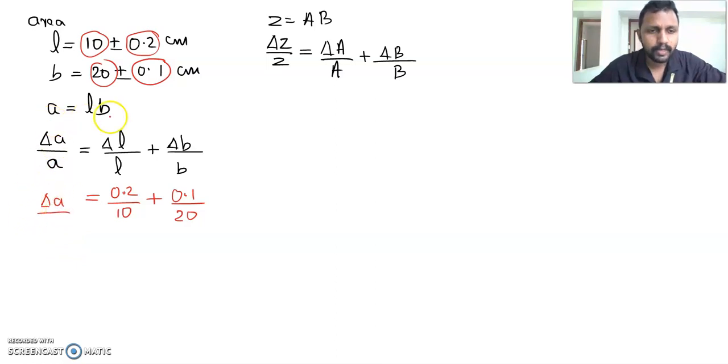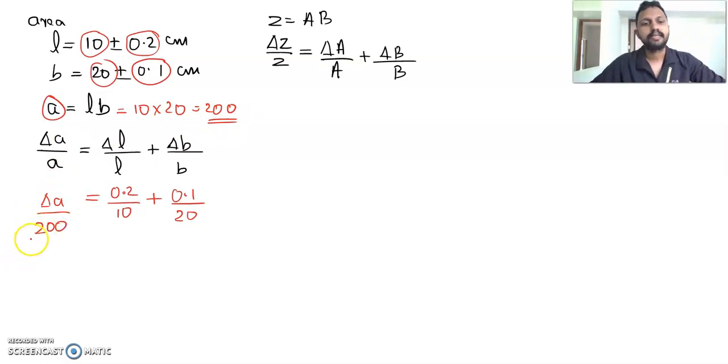What is A? A is area. How can we find out area? We could find out area by length into breadth. Therefore, it should be 10 into 20, that is 200. Therefore, delta A divided by A is delta A divided by 200.